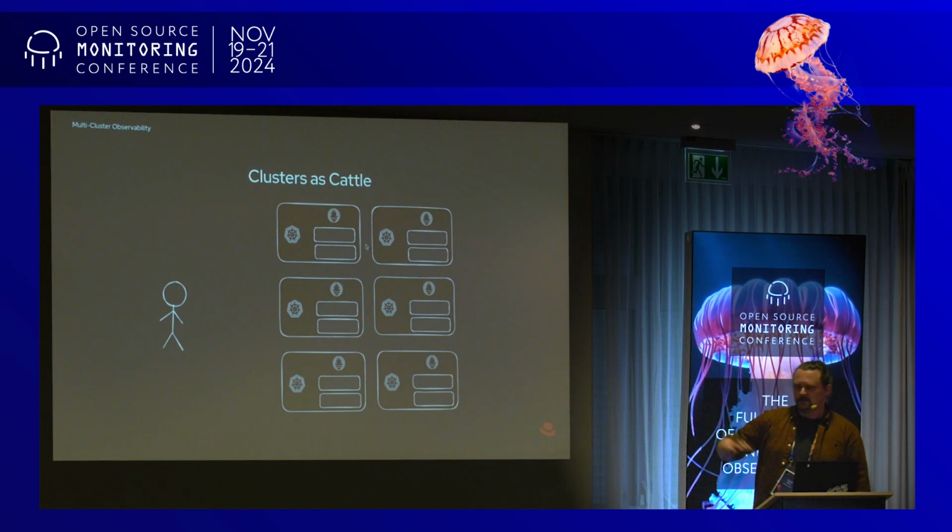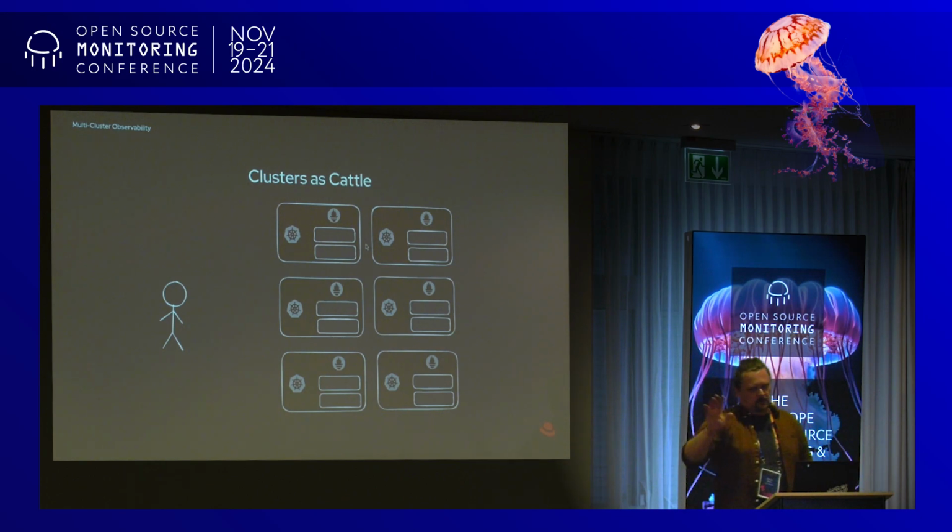And cattle is the exact opposite. You have a cow, it has a number, you want to get some money from it, but when it dies, you just replace it with a new one, right? Now, this is how we try to treat clusters in that use case.